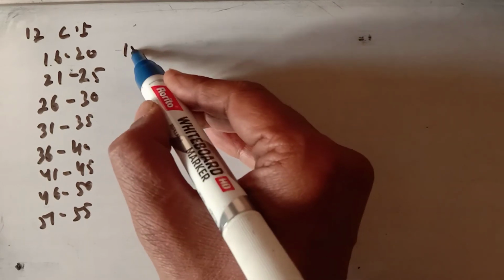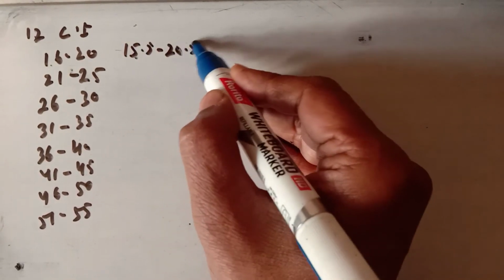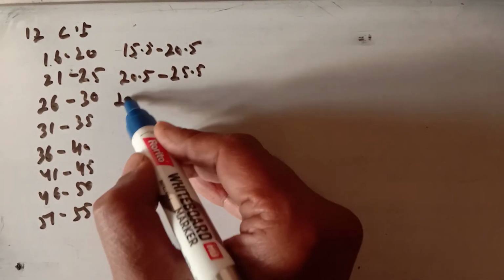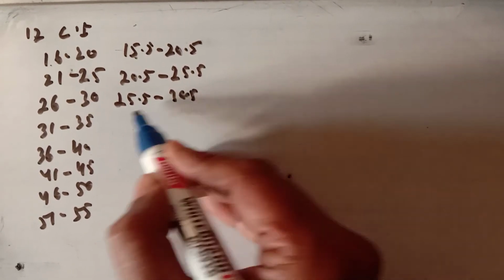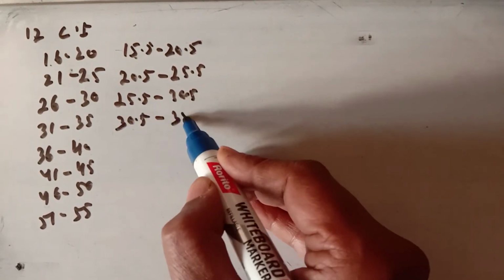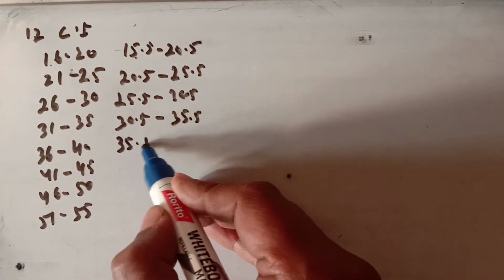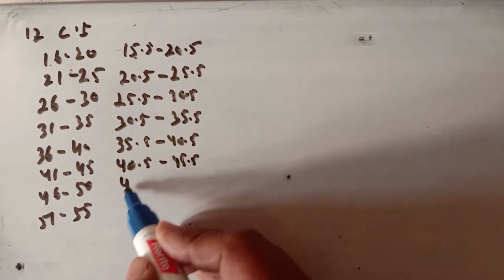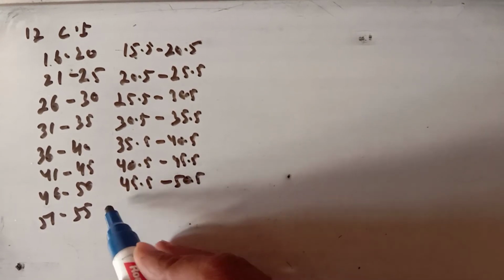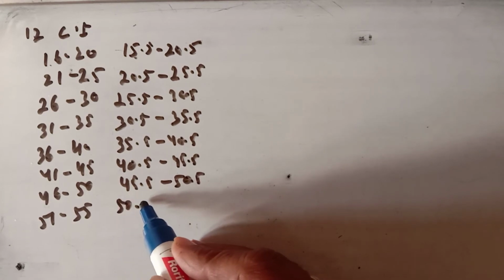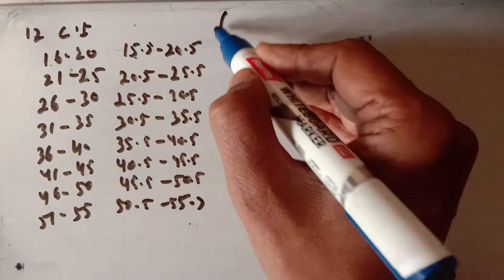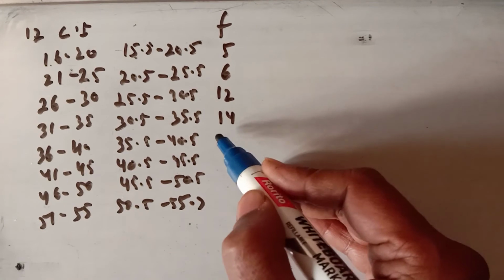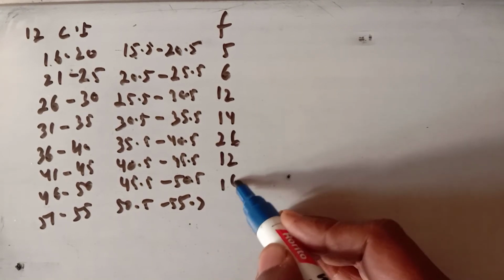So it will be 15.5 to 20.5, 20.5 to 25.5, 25.5 to 30.5, 30.5 to 35.5, 35.5 to 40.5, 40.5 to 45.5, 45.5 to 50.5, and 50.5 to 55.5, and the frequencies of this data are given as 5, 6, 12, 14, 26, 12, 16 and 9.